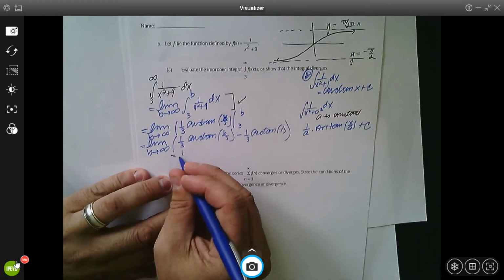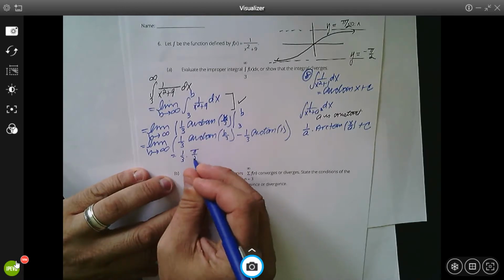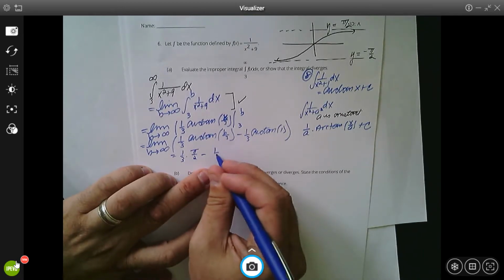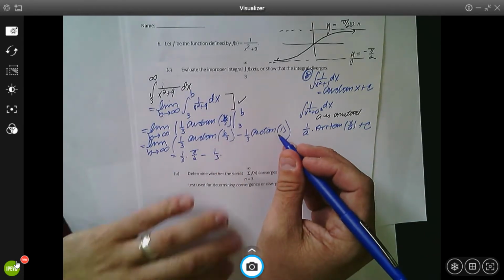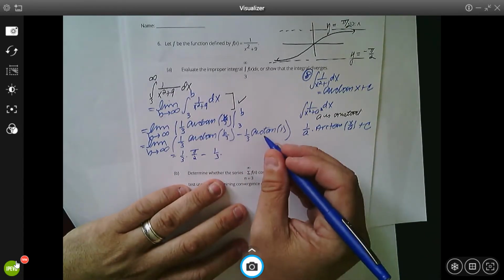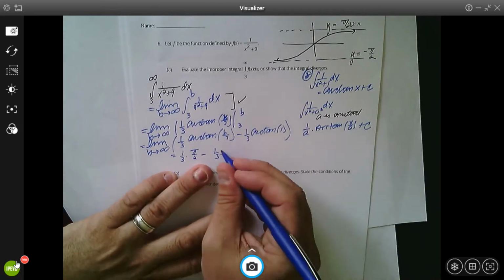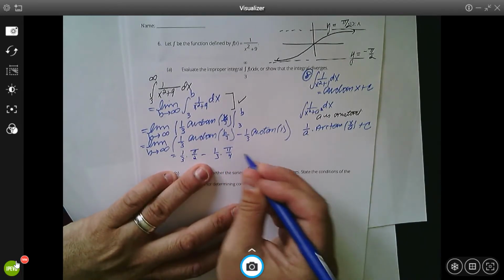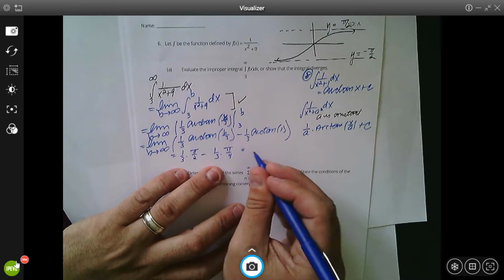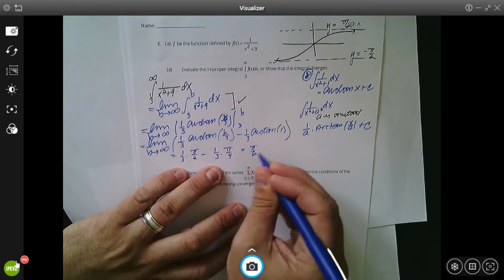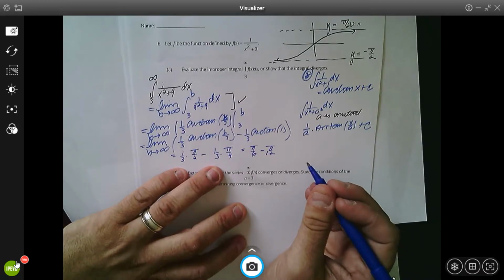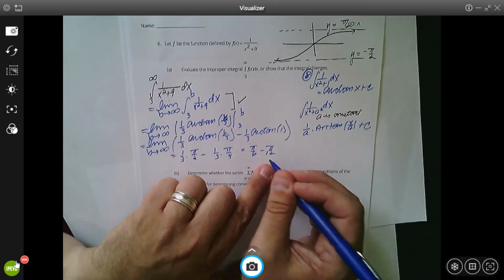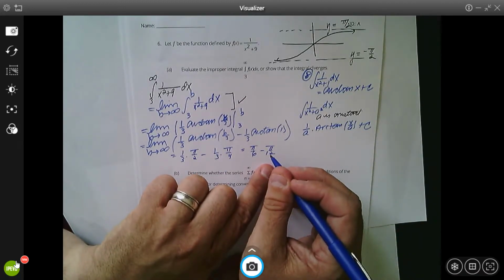So you're going to have 1/3 times pi over 2 minus 1/3 arctangent of 1. The question you're asking here is the tangent of what angle is equal to 1, and that is pi over 4. Clean this up if you want to. You're going to get pi over 6 minus pi over 12. Because this is a finite number, this tells me that the integral converges.